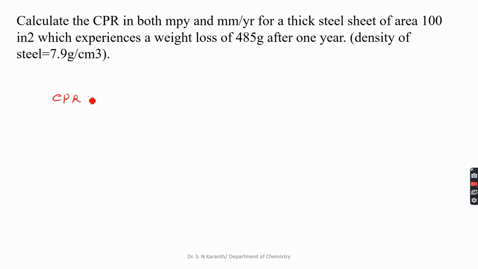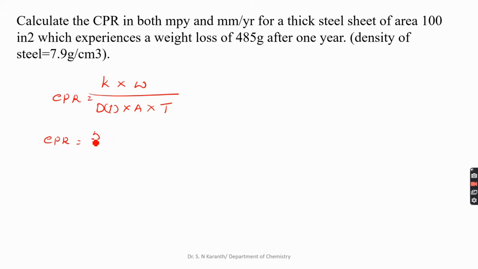So CPR equals K into W divided by density into area into time. First I'll calculate in terms of inch square, which is given, so in Mpy unit.